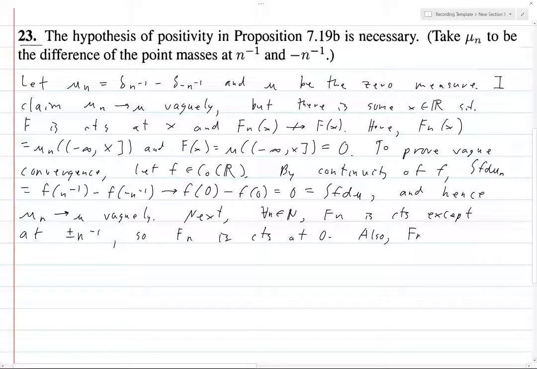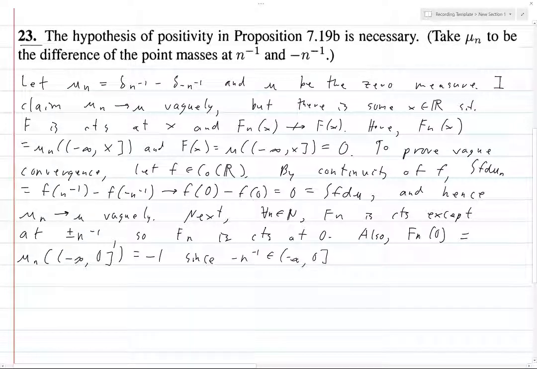Fn of 0 is mu n from minus infinity to 0, but that has to be precisely negative 1, since negative n inverse is in negative infinity to 0, and n inverse is clearly not in this set.